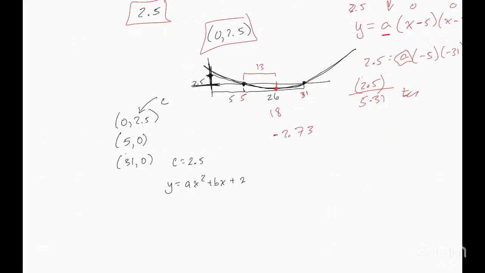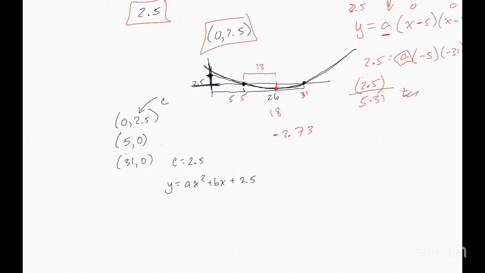So 5, 0 would be 5. Oh, I thought that we were plugging in the 0 and the 2.5 for y. Well, we already plugged in the 2.5, because if you plugged in 0, you'll get 2.5. That's just your c. But now I'm plugging in 0 for y, and I get two different answers.